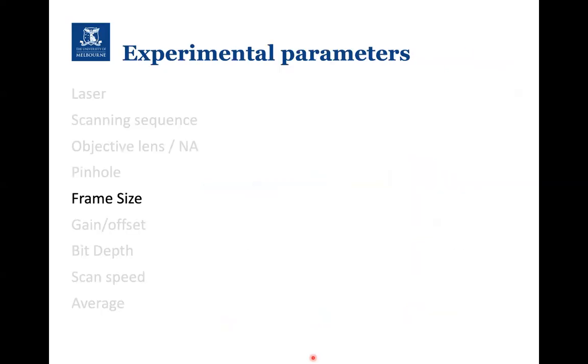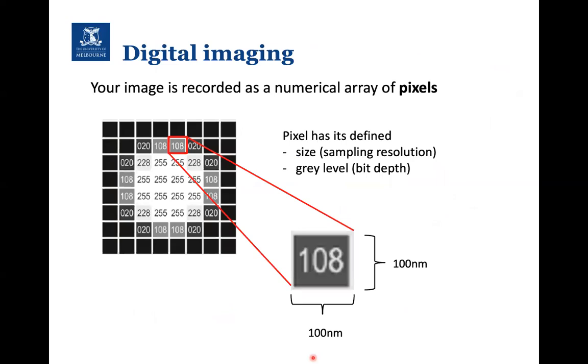Next thing is frame size. Again, we touched on this. We're creating a digital image by scanning our lasers across the sample and assigning intensity that comes back into pixels. If you remember, we were calling it an array of pixels. So it's like an Excel spreadsheet of intensity values.